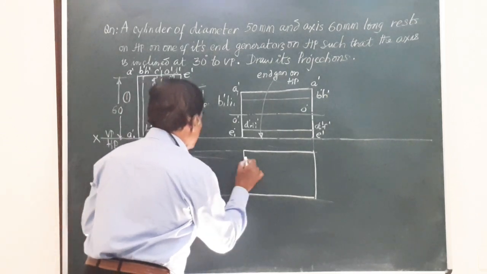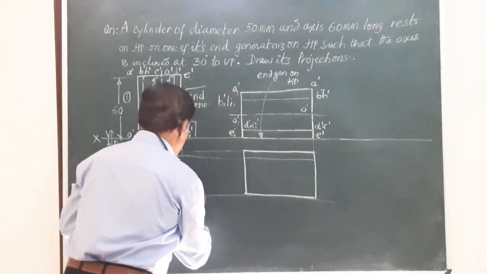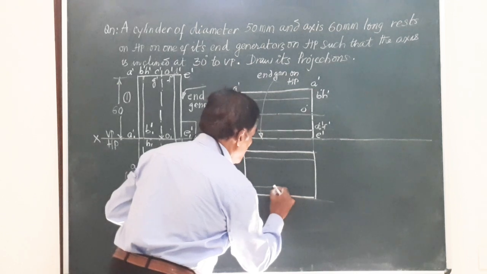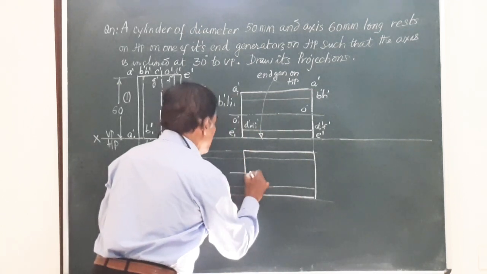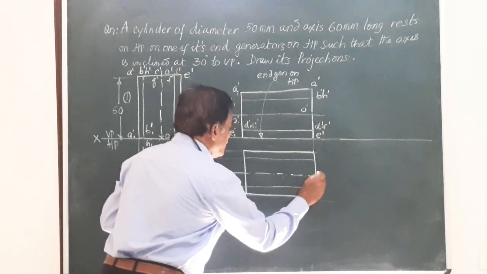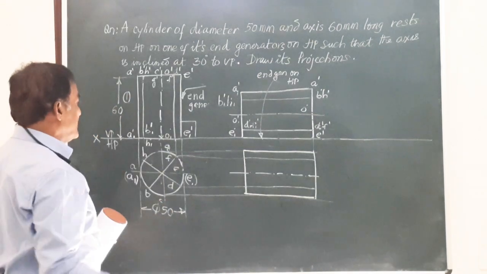So I am going to mark this line also by a thin line. Again from here another thin line. We have the axis. So this is the top view when the object is resting on one of the end generators.